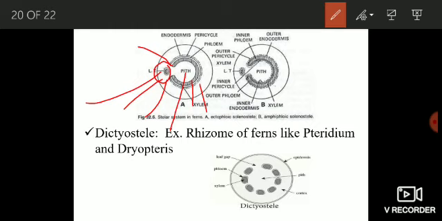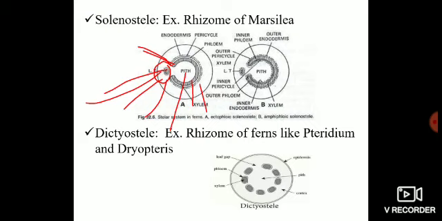For example, here you have leaf trace and you also have leaf gap, and these leaf gaps are widely spaced. This is known as solenostele, and the example is the rhizome of Marsilea. That means the underground stem of Marsilea shows this condition of stele.